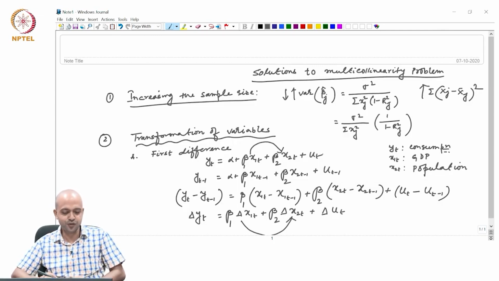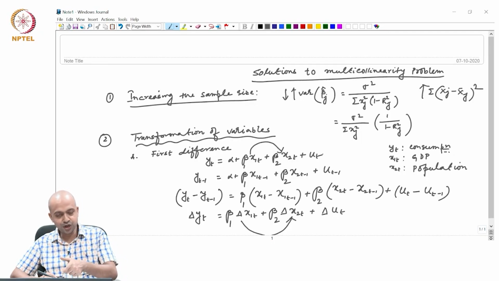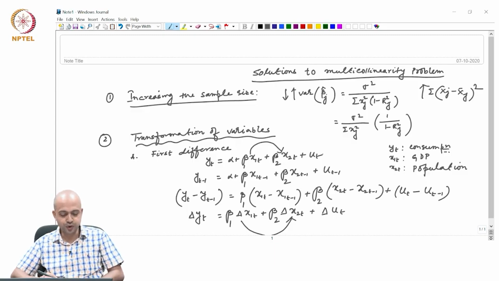That is the problem with the first difference. And also, our original interest in this model was to see the impact of x 1 t on y t, but after transformation what we are getting is the impact of delta x 1 t on delta y t. That is the model we have derived. So, this is the cost involved with the first difference method.